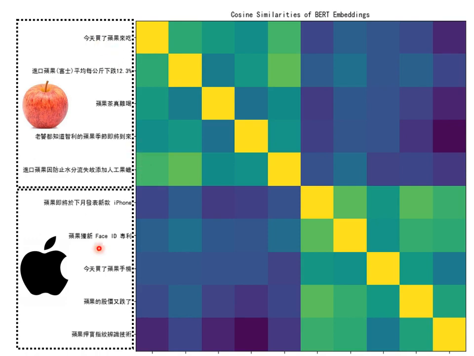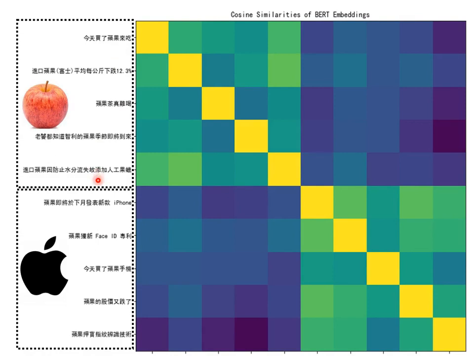There are 10 sentences here. The apple in the first 5 sentences represent edible apples. For example, the first sentence is, I bought apples to eat today. The second sentence is, what is the average per kilogram of imported Fuji apples? The third sentence is, apple tea is terrible. The fourth sentence is, the season of chili apple is coming.